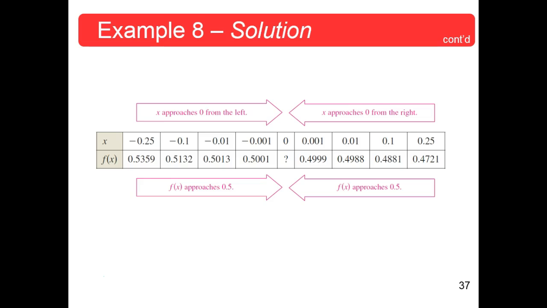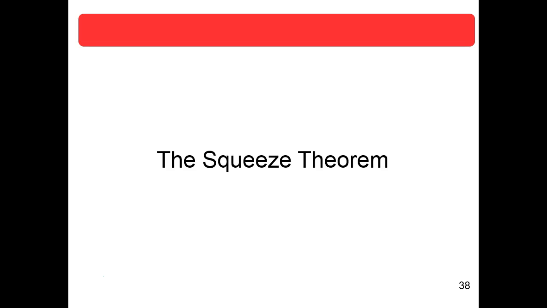So sure enough, that limit is 0.5. Okay. This is so tedious to do, but if you need to do it just to convince yourself, that's fine. Okay. Now we move to the squeeze theorem.